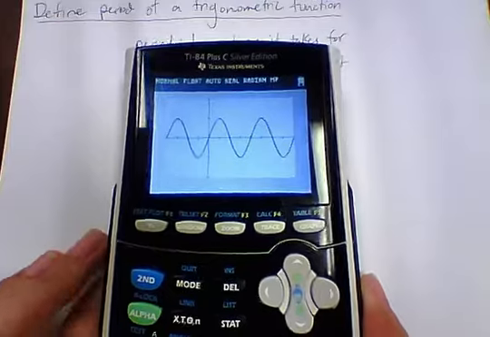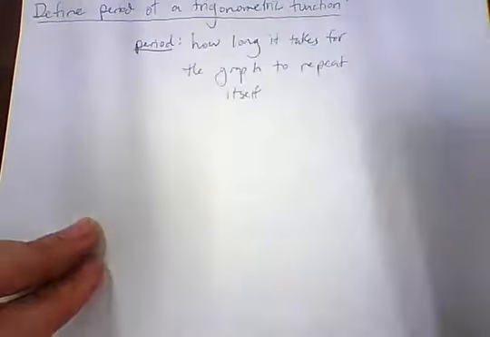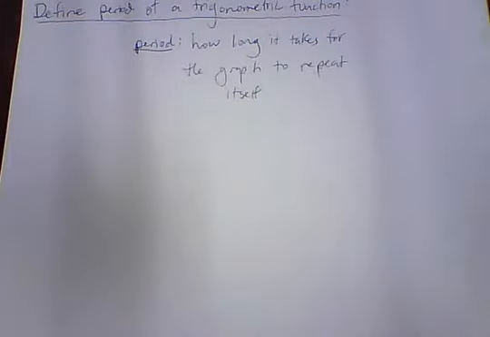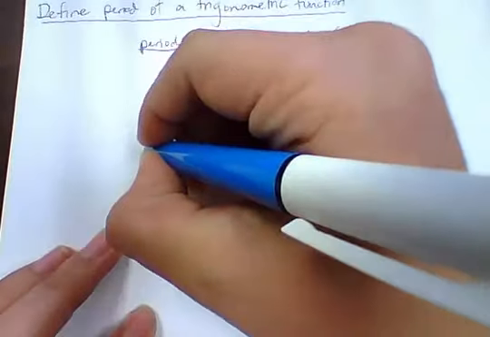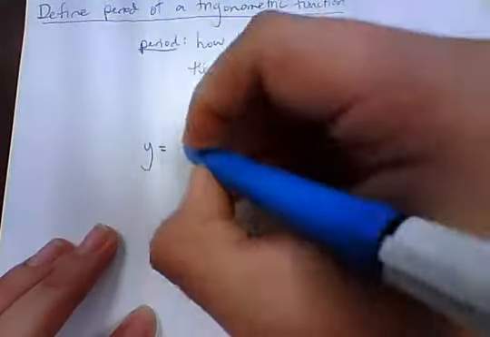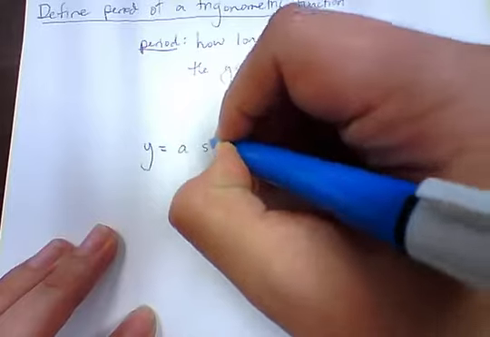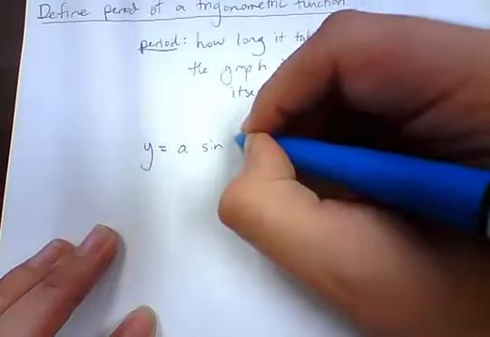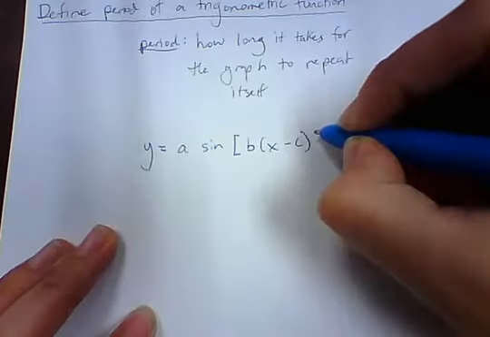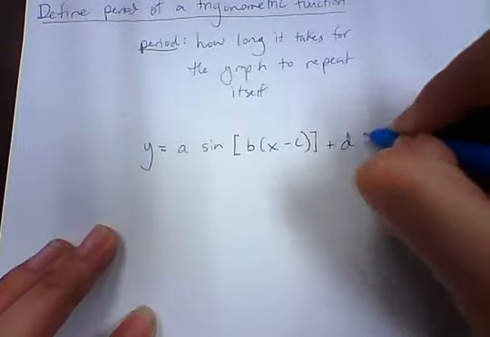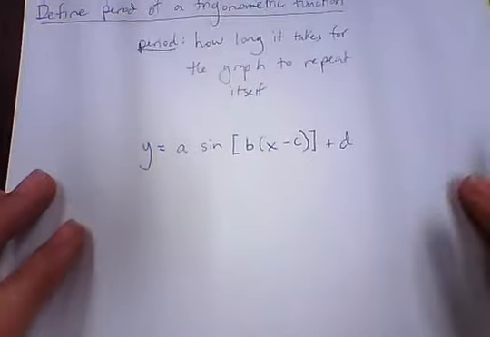So, using that to kind of visualize here, remember this piece of information from our last video when we had y equals a sine of b x minus c plus d. And we talked about what each of these pieces does, right?